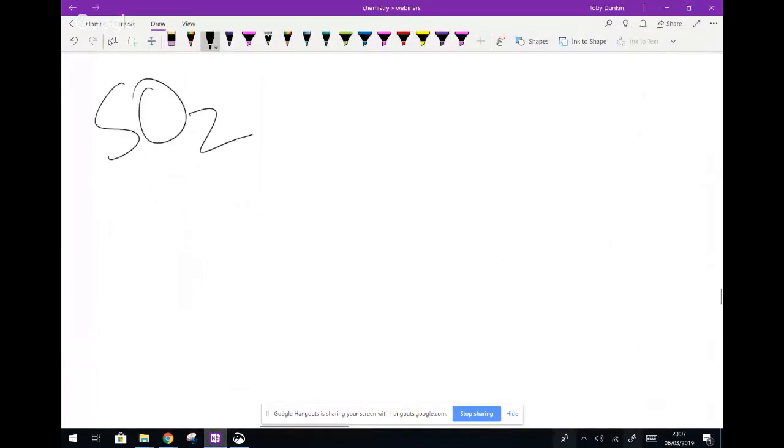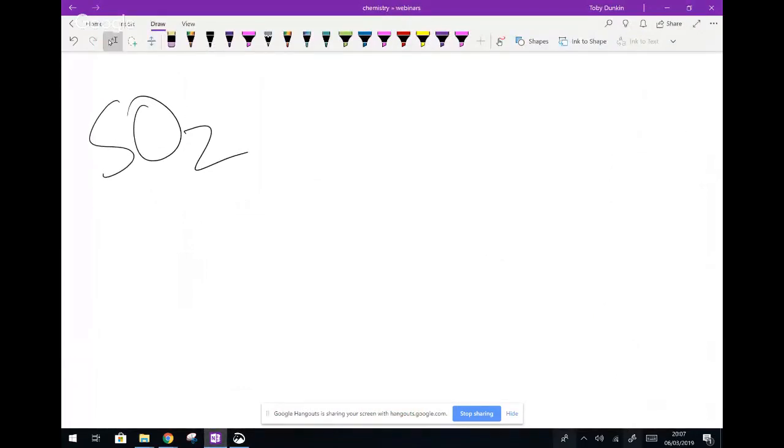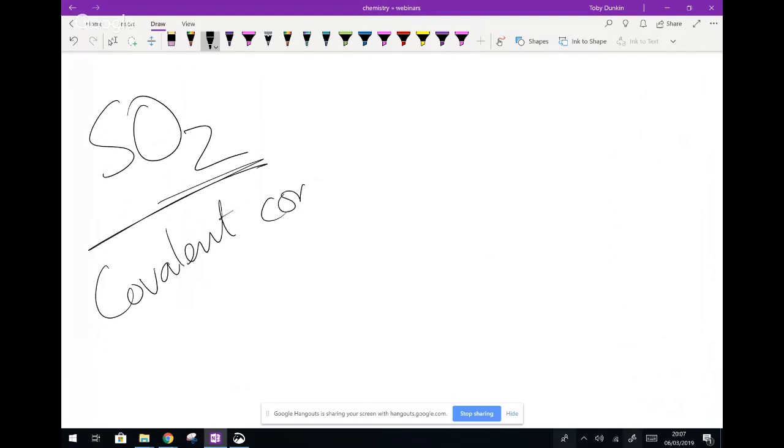Okay, back to this. So, sulfur dioxide. Yeah, I've cut across. I've gone to my normal one now. Okay, so the covalent compounds are the exact opposite.